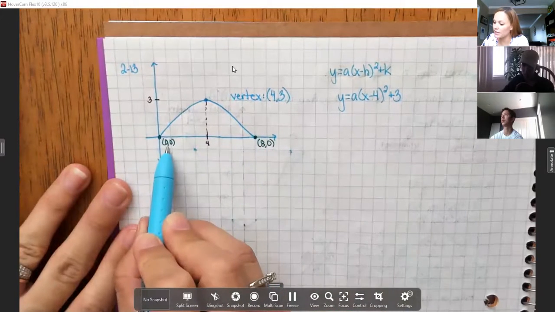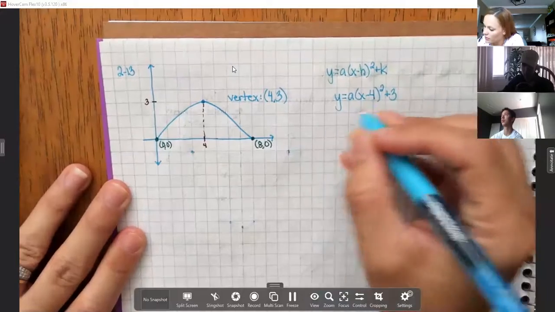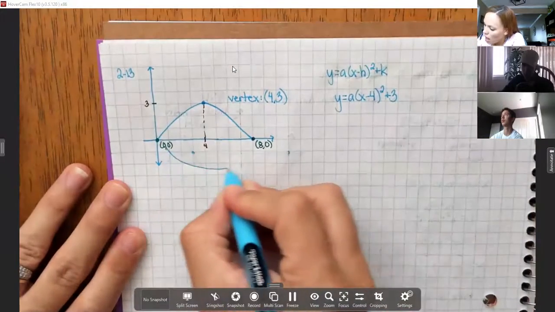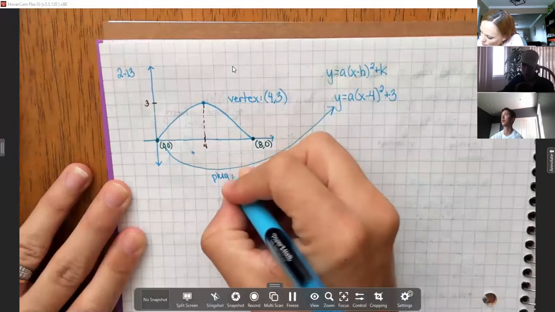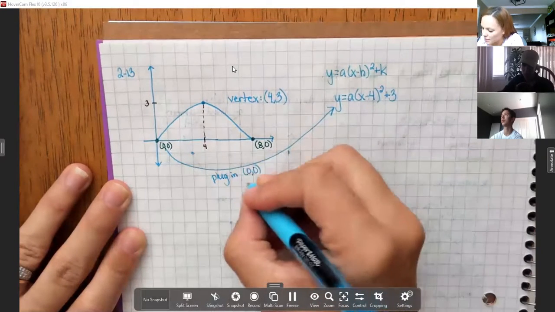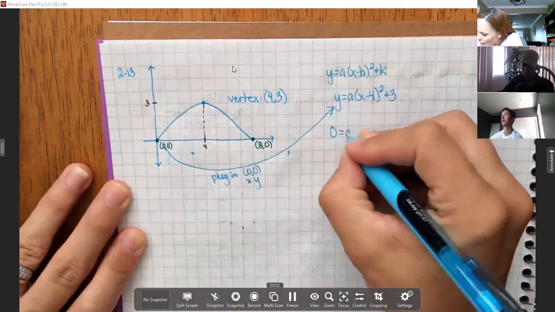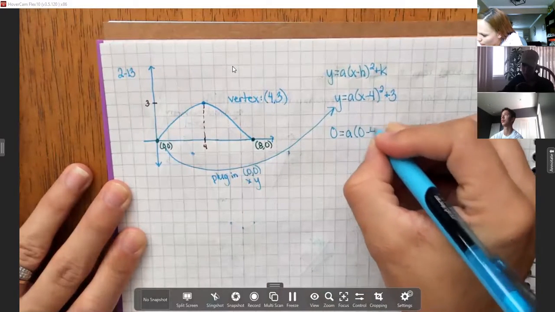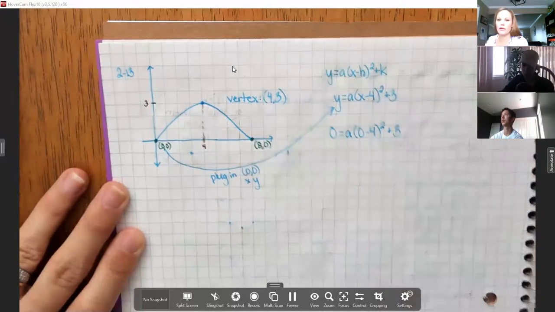So I'm gonna plug in 0, 0 for my x and my y. Again, that's x and y. So 0 equals a times 0 minus 4 squared plus 3.